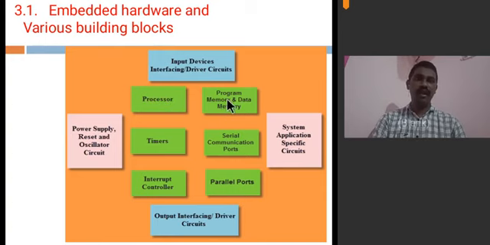You need memory elements. You need some peripherals such as timers, serial communication interfaces, as well as an interrupt controller. You need some parallel ports, and there may be some application specific circuits internally. These are all the building blocks which are required for building an embedded application.